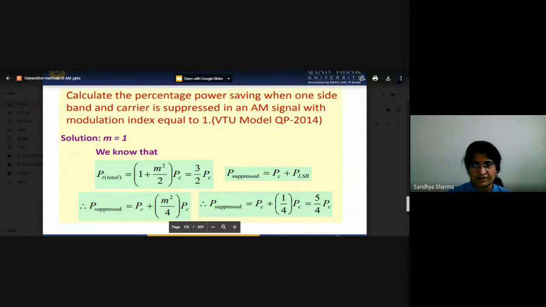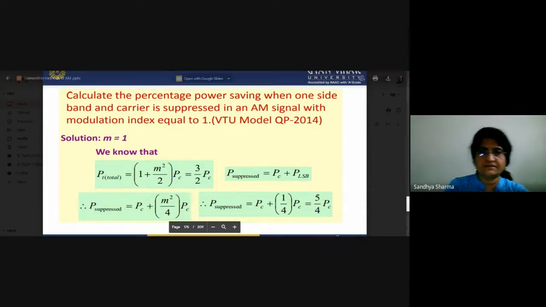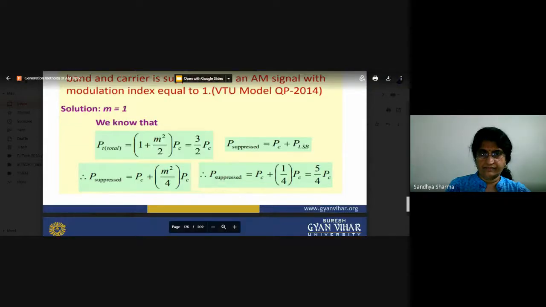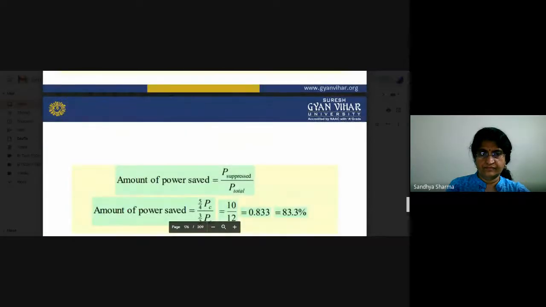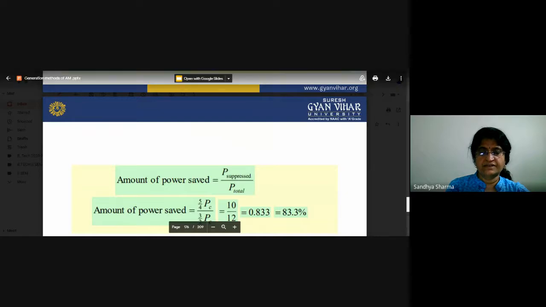If you convert your LSB or USB power in terms of Pc, the carrier signal power, then it is very easy to solve this. By using this, that is the amount of power saved, how much power you have to save.